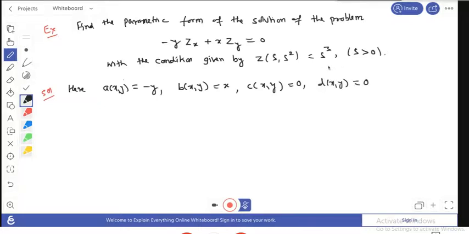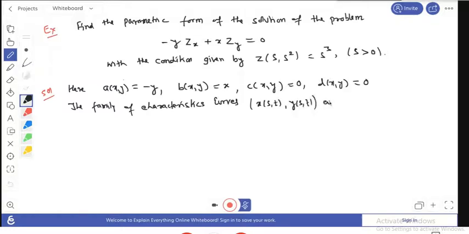So the family of these characteristic curves, x in terms of s and t and y in terms of s and t, are determined by the two ordinary differential equations.